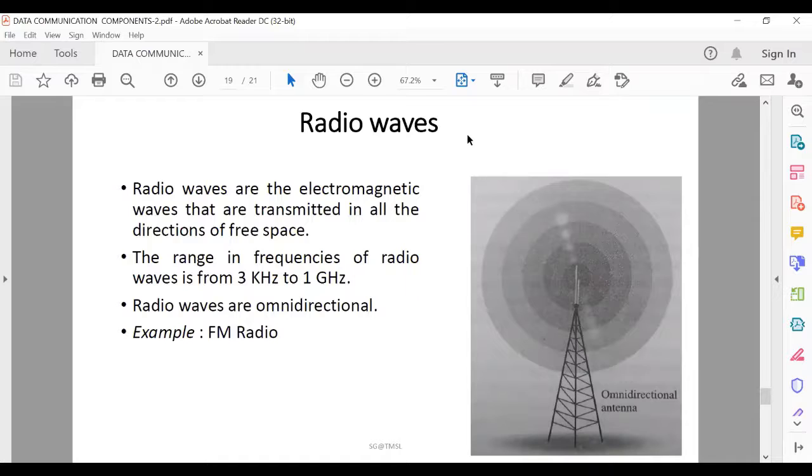Here the sending and receiving antennas are not aligned, that is, the wave sent by the sending antenna can be received by any receiving antenna. This is the omnidirectional antenna, and radio waves are used in FM radio. That is the common example.